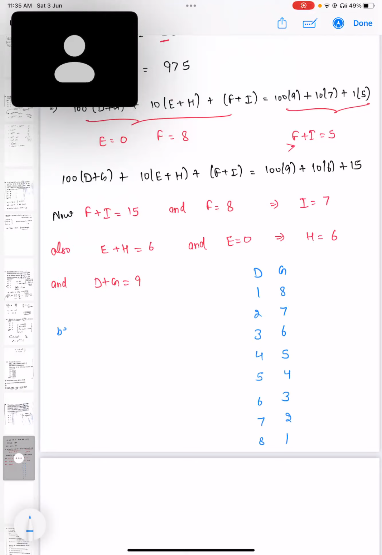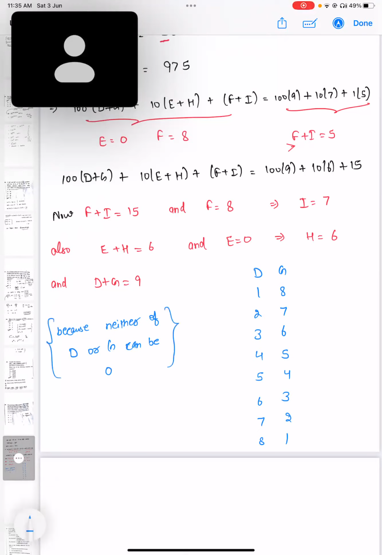Because neither of D or G can be 0, right? Because DEF is a three-digit number. So if D is 0, then it will be just EF, right?